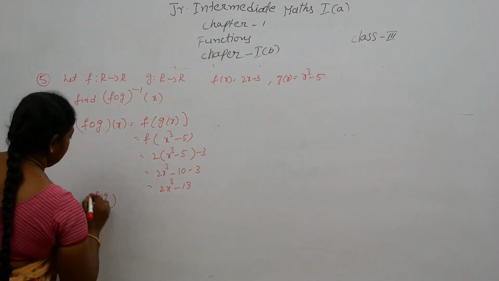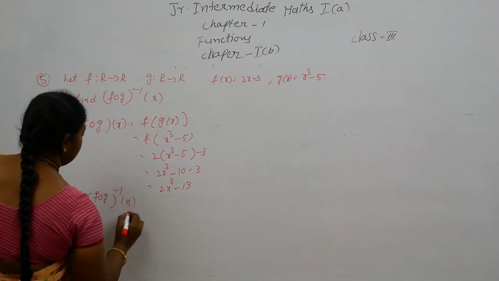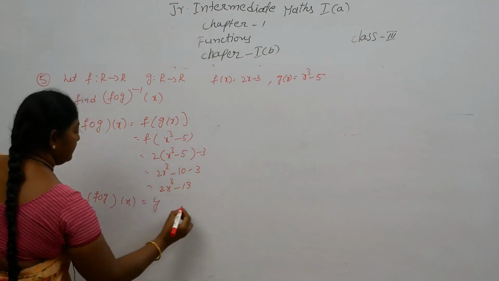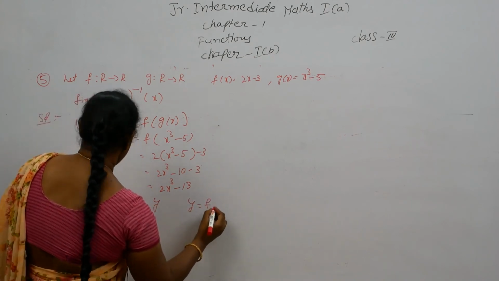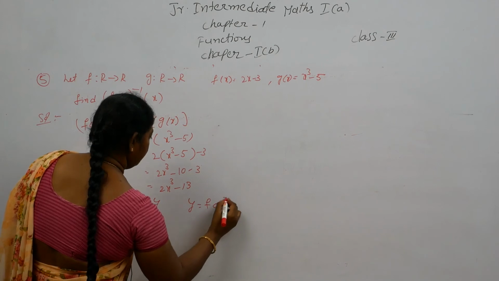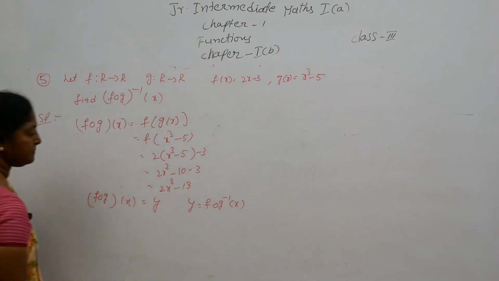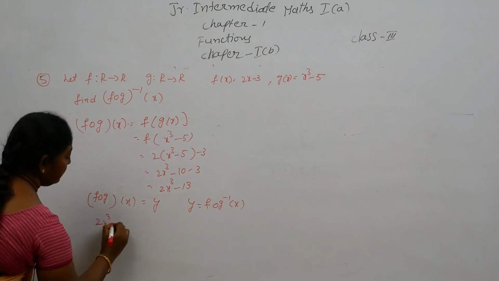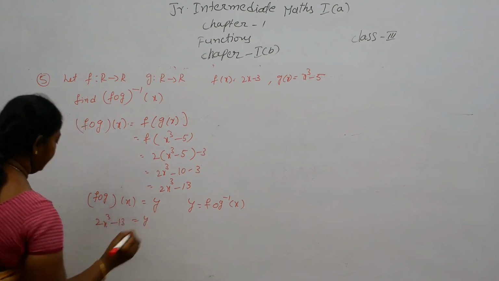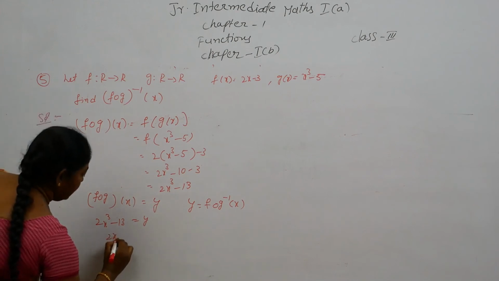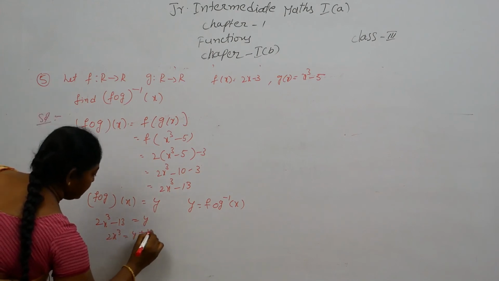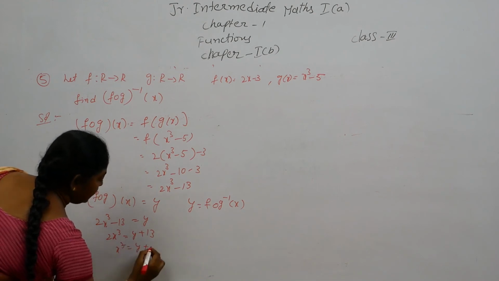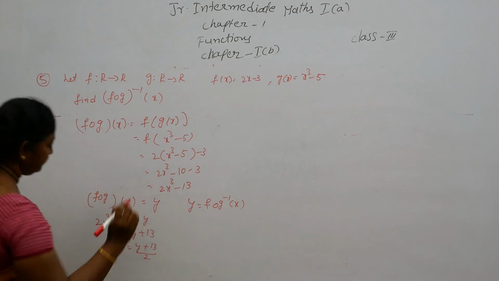Now f of g inverse of x we have to find. First let y equal f of g inverse of x. So 2x cube minus 13 equals y, 2x cube equals y plus 13, x cube equals y plus 13 by 2.